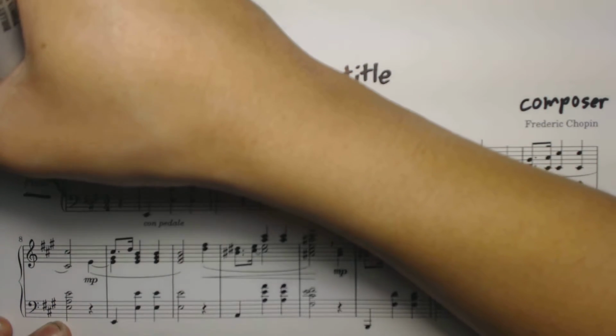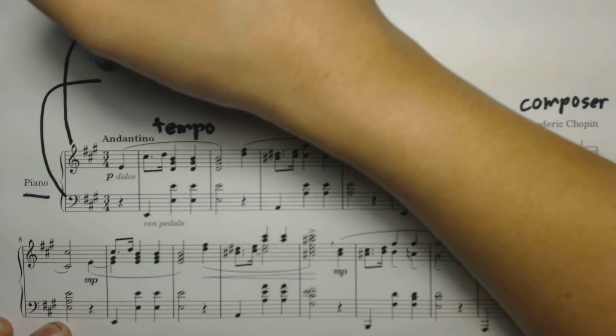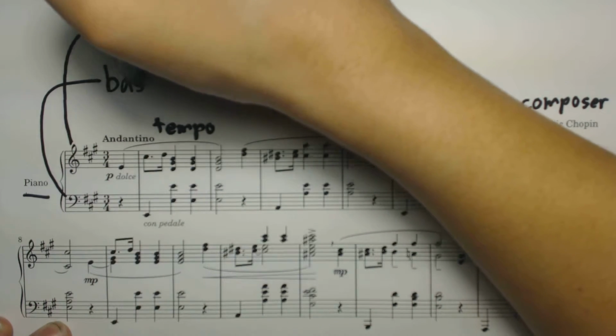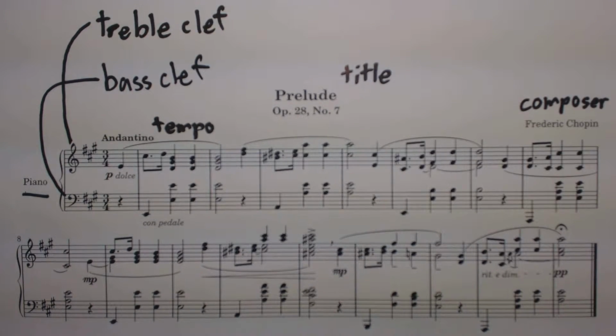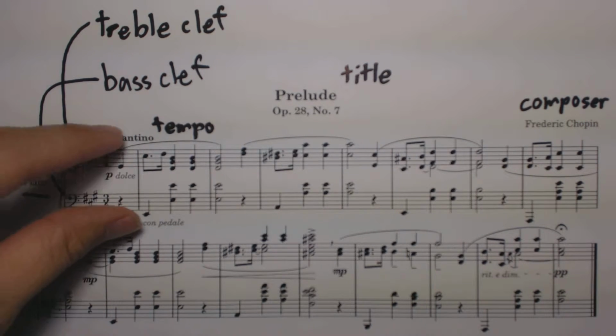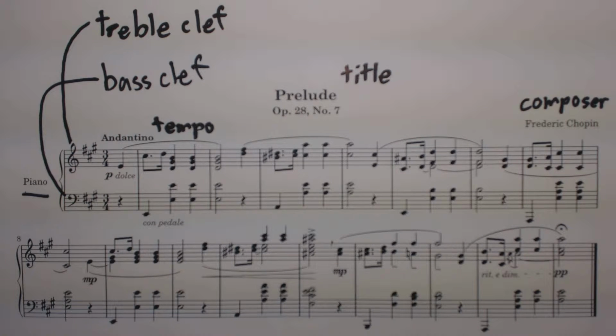And this symbol right here, this is our bass clef. So treble clef goes on the top, bass clef goes on the bottom, and these things together, that's called the grand staff. This is the treble clef staff, this is the bass clef staff, and together they are called the grand staff.